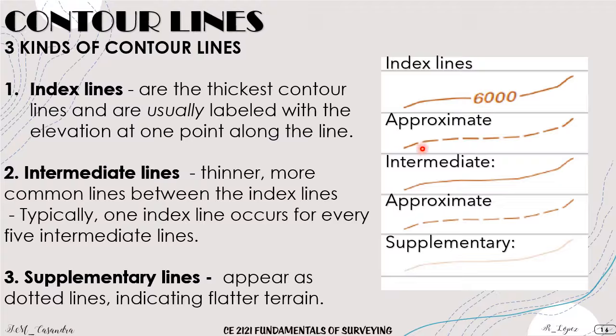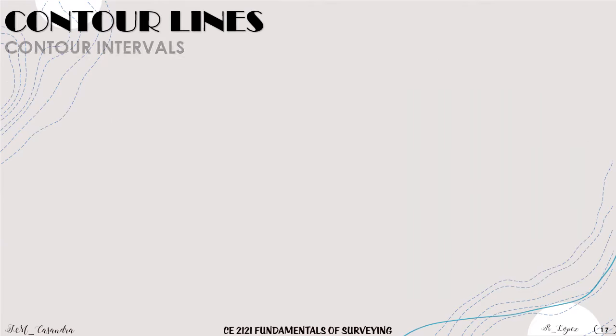If we want to have a finer contour map, we have your approximate contour line, which is represented by dashed or longer dotted lines.